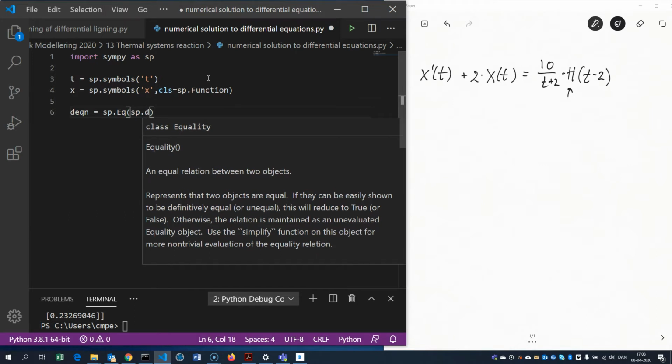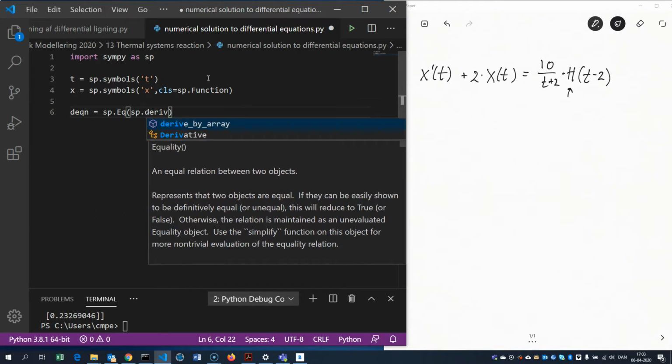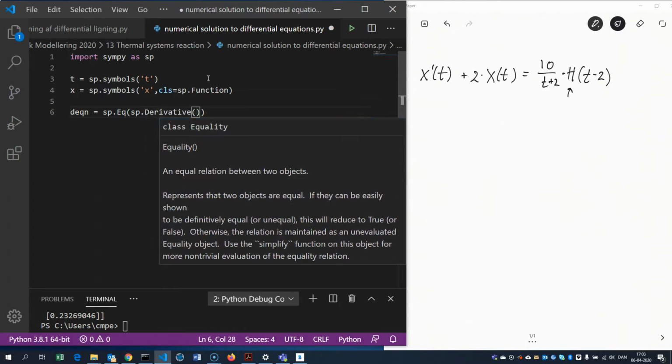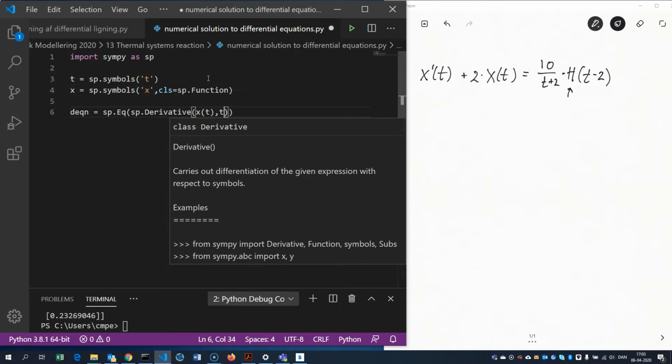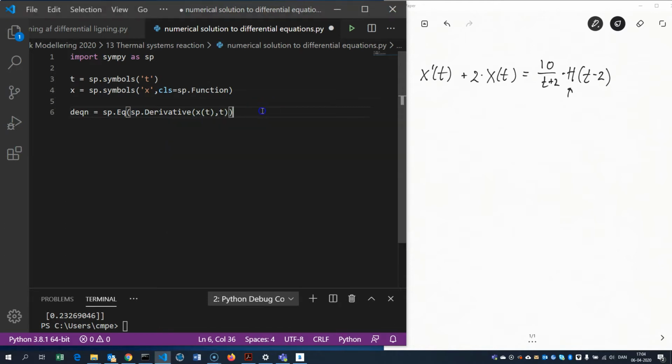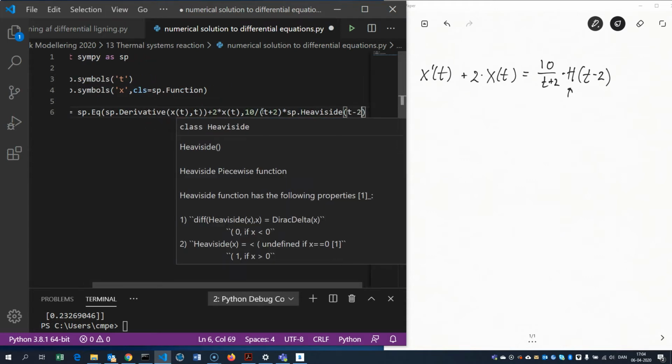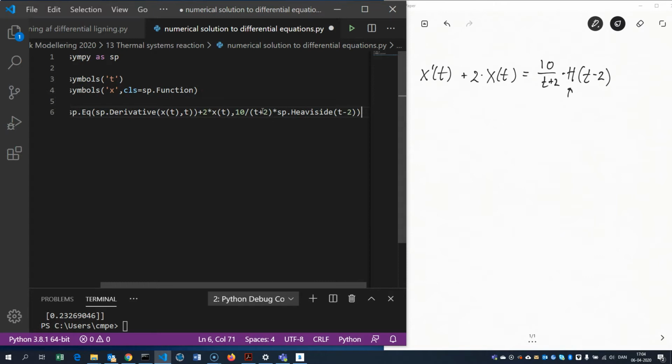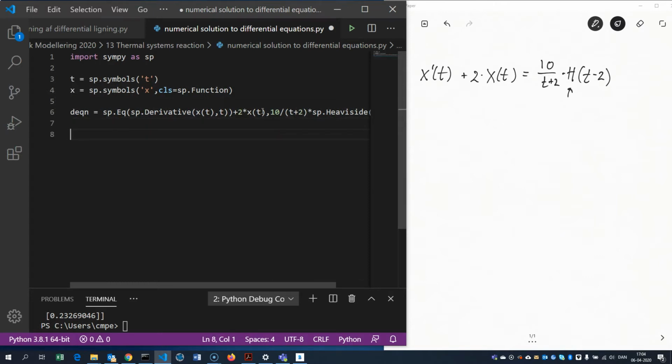So here we have the derivative of x of t with respect to t plus 2 times x of t equals, so I separate the left hand side from the right hand side using a comma, 10 by t plus 2 multiplied by Heaviside of t minus 2, close the bracket. Right, and then we can try to solve it.